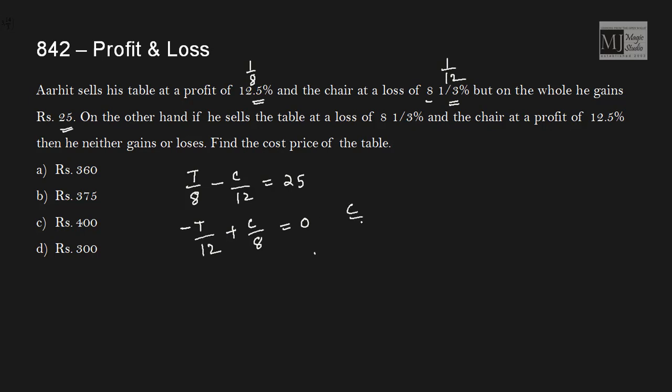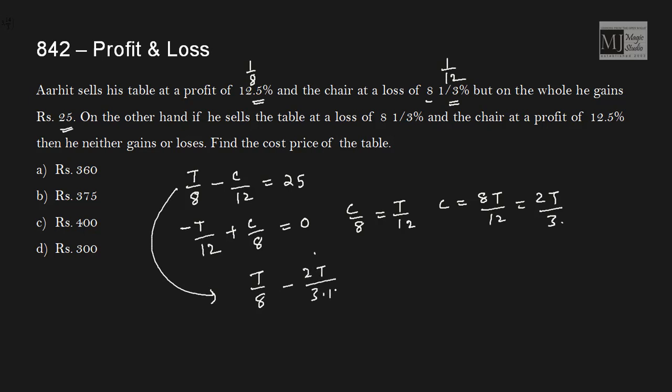Find the cost price of the table, rather we just need to find T. So I can say C by 8 is T by 12, C is 8T by 12, that is 2T by 3. Now if I put this value in the first equation, T by 8 minus 2T by 3 into 12, so 18 minus 8 is 10T upon 8 into 18 equals 25.